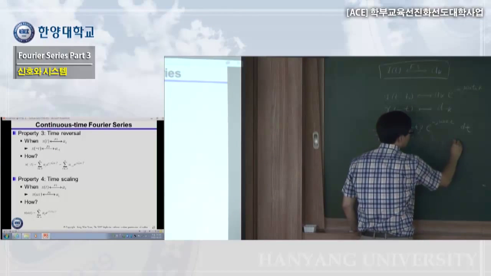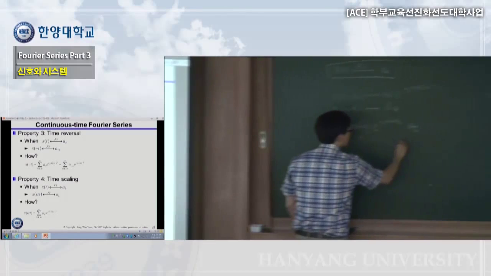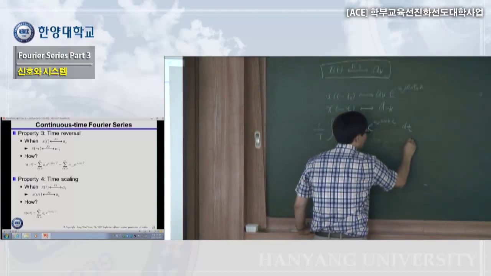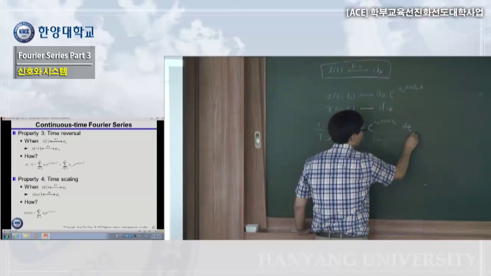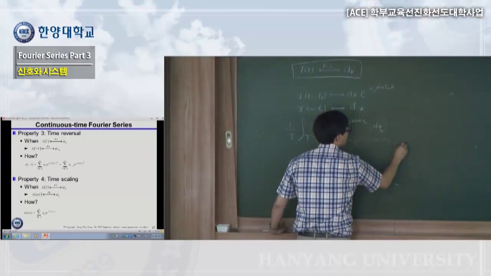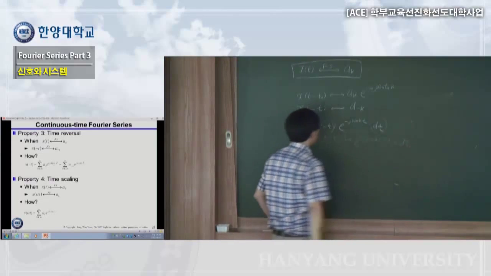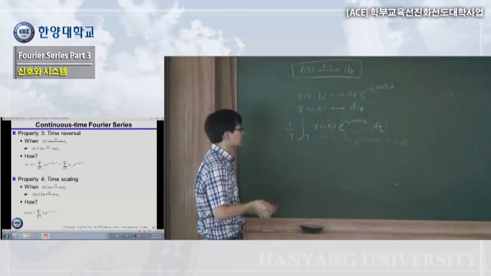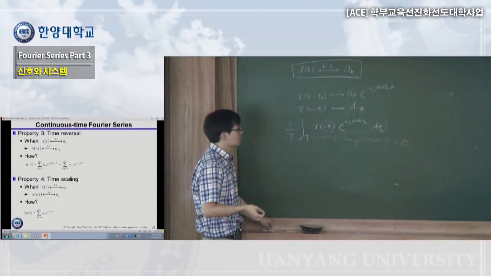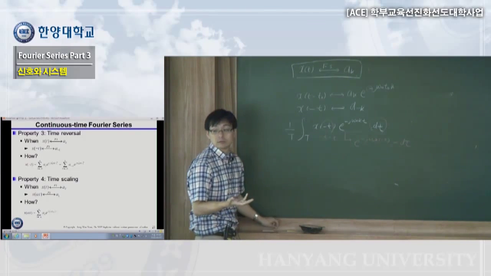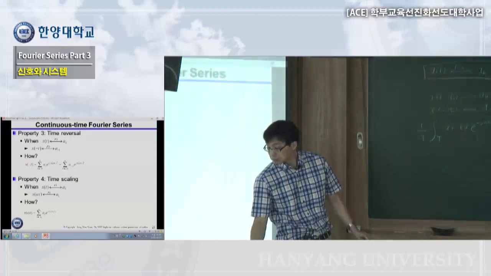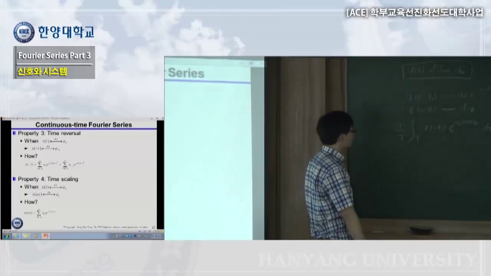Exponential minus j omega 0 k minus tau, and this one becomes what? Minus t tau, right? Is it? Nope.